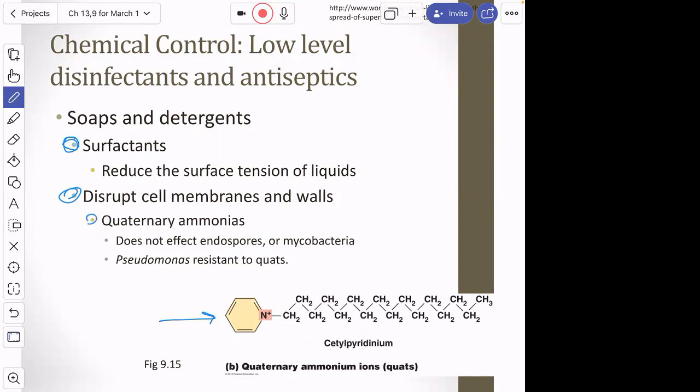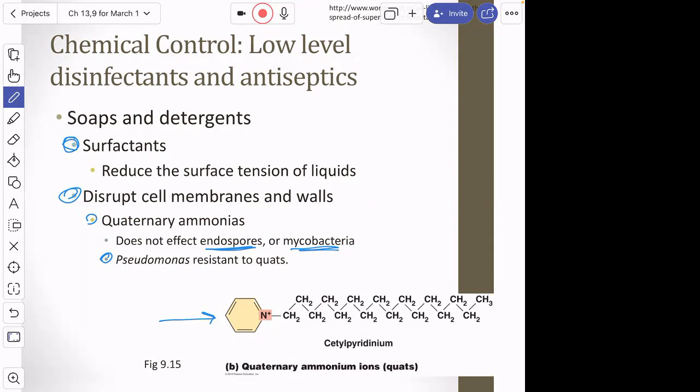If you work in a hospital, I think they still use quats somewhat. Again, these are low level, so it's not going to kill endospores or acid-fast organisms. And we are seeing a little bit of resistance. There's been studies where they've been able to swab bars of soap, streak on a plate, and find Pseudomonas growing.